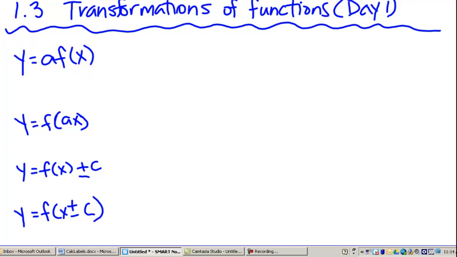So, this graph is stretched. That should be an S. It doesn't look like one. Hold on one second. It is stretched or compressed vertically. Vertically, hence, is my y values.